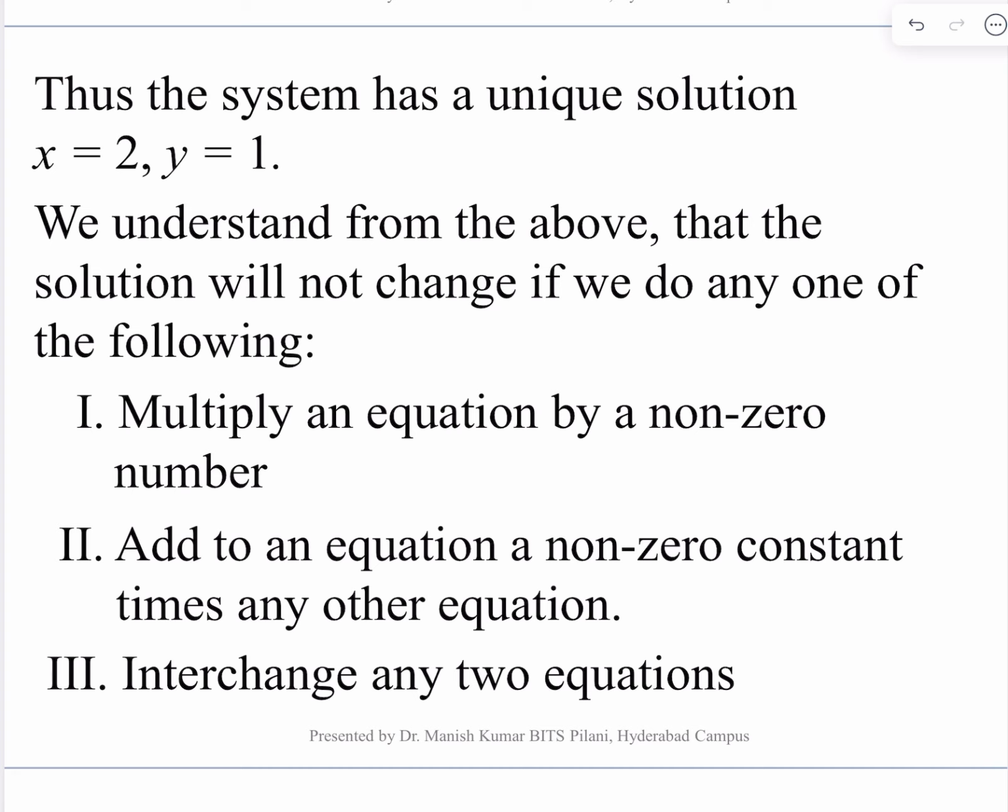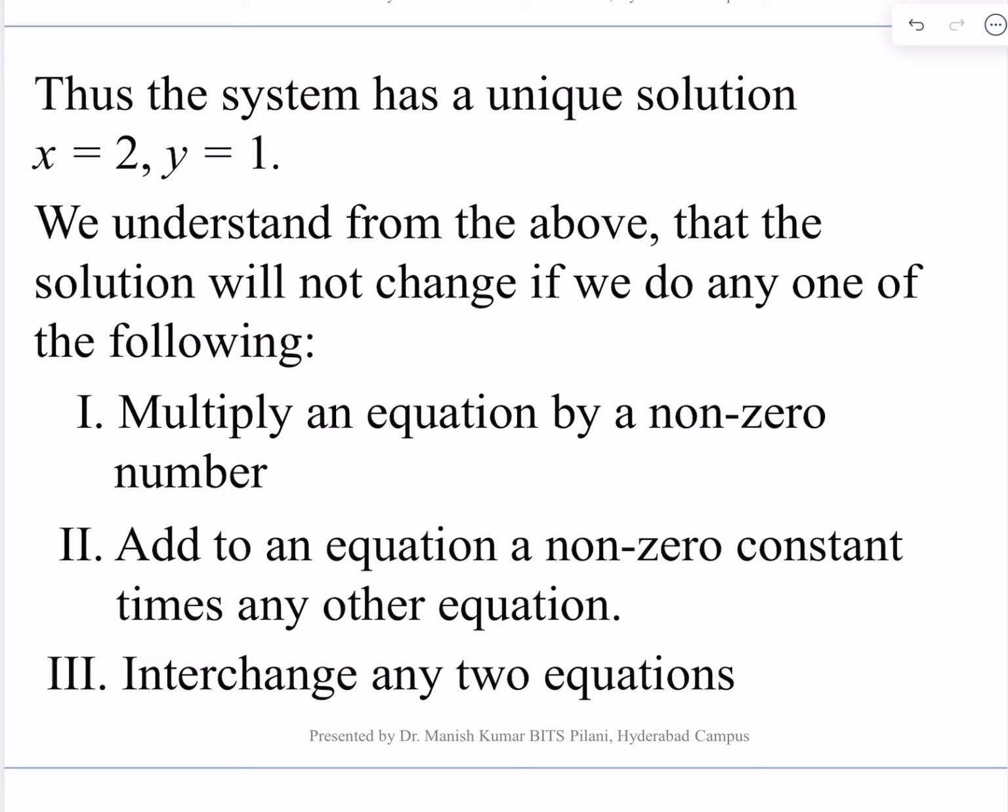Now one thing you notice here: we understand from the above that the solution will not change if we do any of the following operations. What we did, we multiply an equation by a non-zero constant number, but the solution does not change.